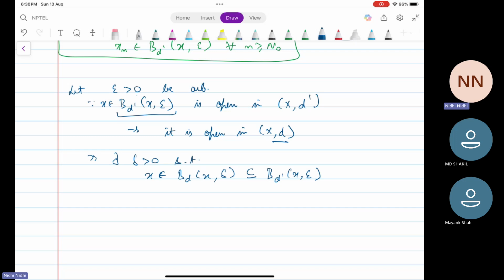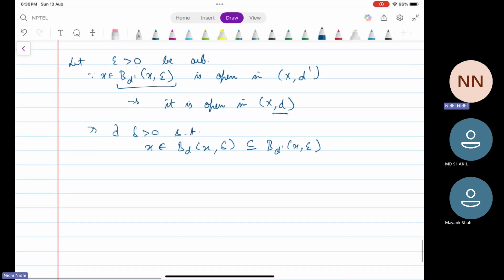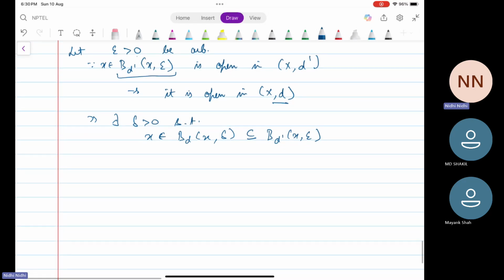We do not know whether this is an open ball or not, but still, since it is open in d', it will be open in d. So since this is an open set in d and x is an element in this set, x is clearly an interior point with respect to the metric d. That means there exists a ball with respect to the metric d, which is contained completely in the open set B_d'(x, epsilon).